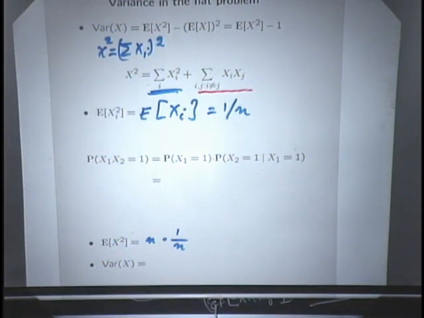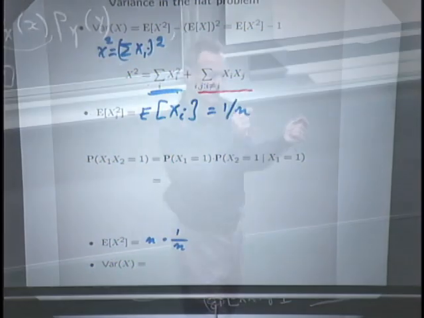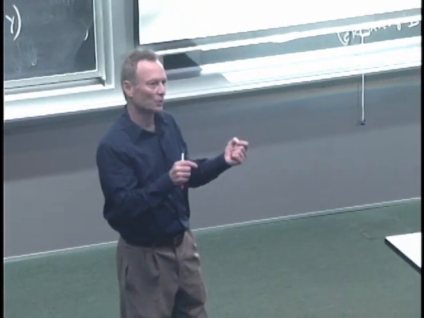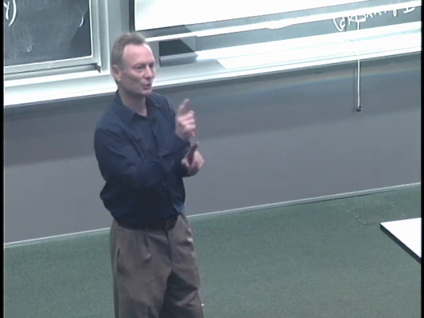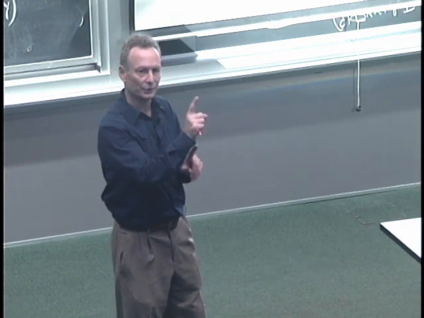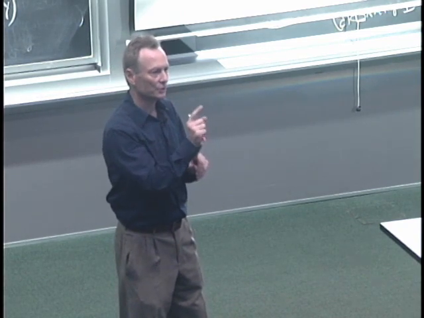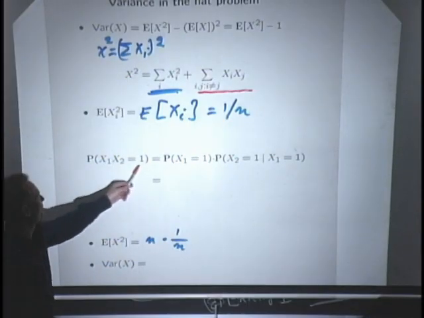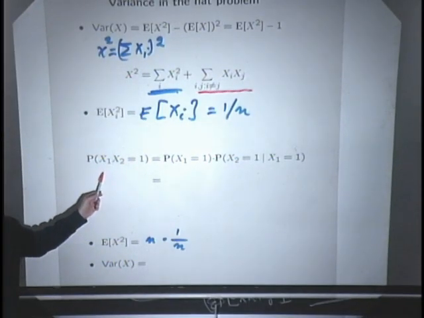Now, what does x1 times x2 equal to 1 mean? It means that x1 was 1 and x2 was 1. The only way that you can get a product of 1 is if both of them turned out to be 1s. So that's the same as saying persons 1 and 2 both picked their own hats.